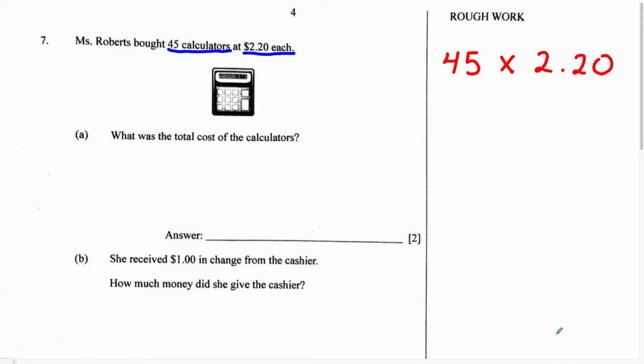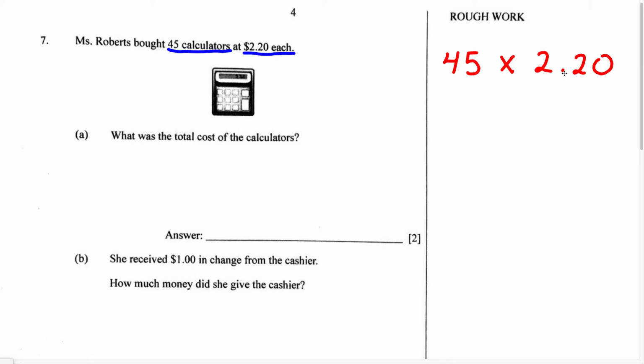Now when we look at this problem, we can see we're multiplying a whole number by a decimal number. And because we're multiplying a whole number by a decimal number, it's always best to convert the decimal number into a whole number and then multiply the way we normally multiply. So for the number 2.20 or $2.20, let's change this into a whole number.